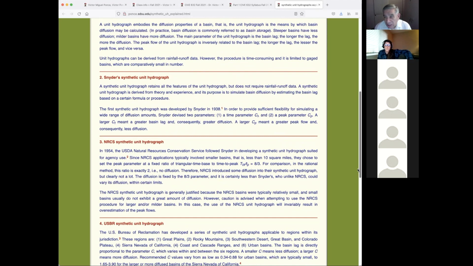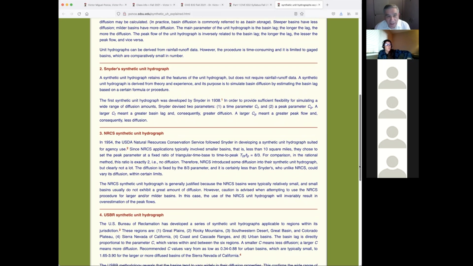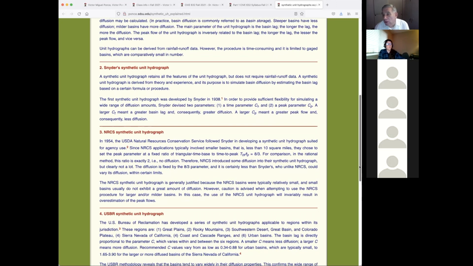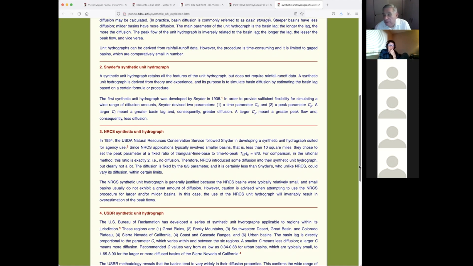So as it turns out in practice, the SCS unit hydrograph is used for small basins, and the Snyder hydrograph is used for large basins, which is cool because SCS deals with projects in the uplands where the basins are small, typically less than 10 square miles, while the Army Corps deals with flooding in the lowlands or in the valleys where the basin's size may be 500 square miles or even 1,000.